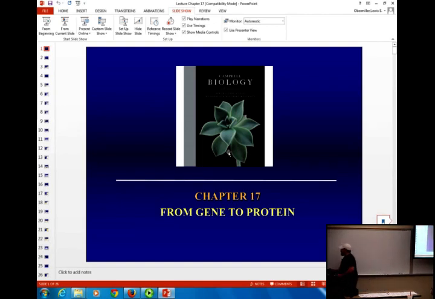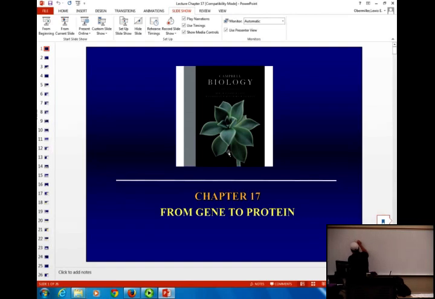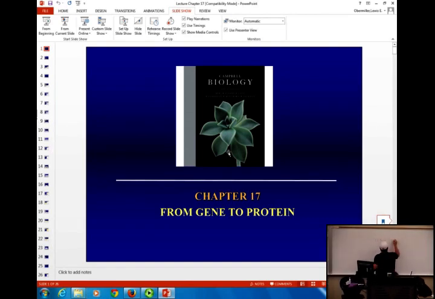Right, we make mRNA. So in this chapter, we're going to talk about how DNA is turned into RNA, and specifically this is mRNA or messenger RNA. And then that RNA is turned into proteins. So you guys know a little bit about what makes mRNA into protein. What are those things called?